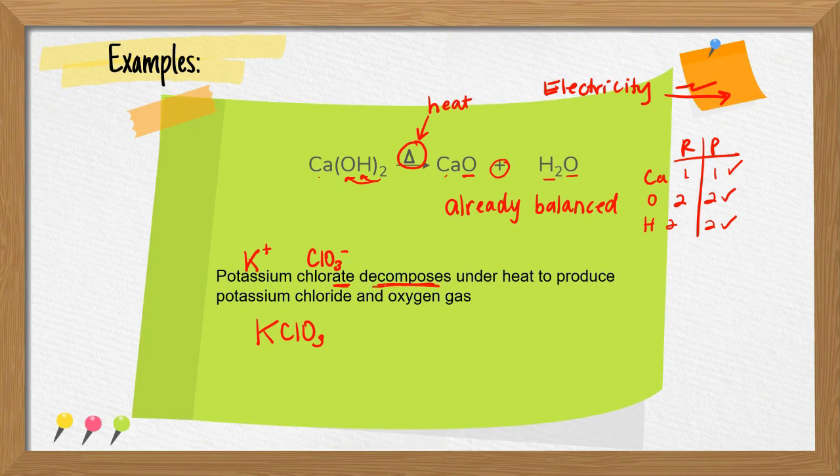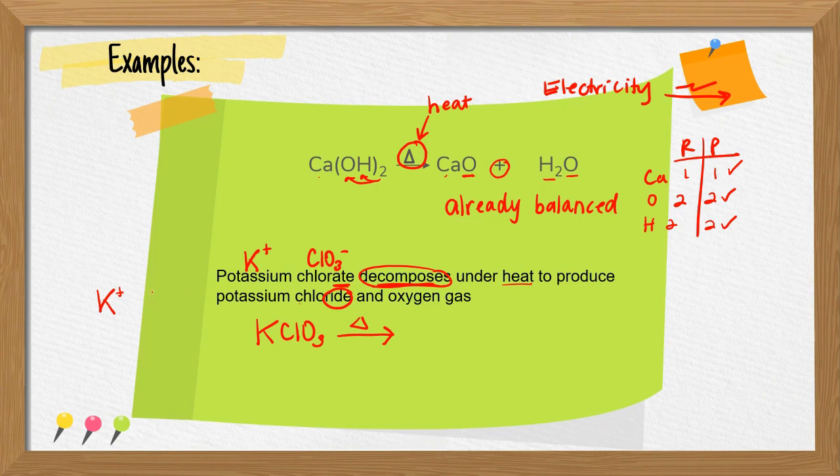Then it tells you decomposes. When you see this word, you know that means it is the yield arrow. You only have one reactant. So that's potassium chlorate decomposes under heat. We're going to put a triangle up here because that's under heat, to produce potassium chloride. We already said K is positive. Now notice it's chloride, IDE.